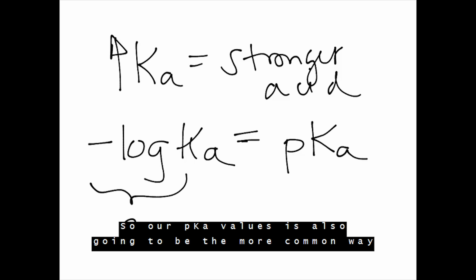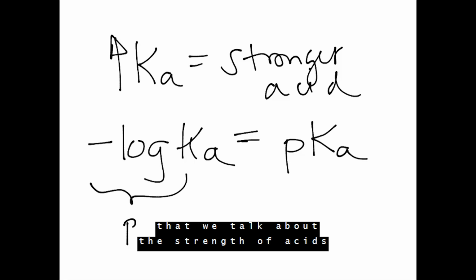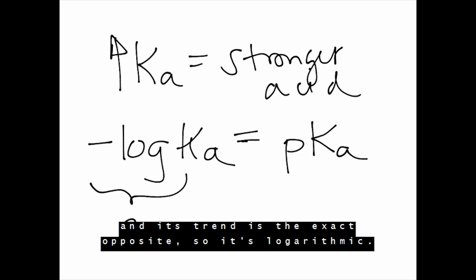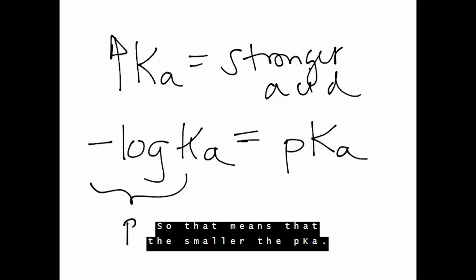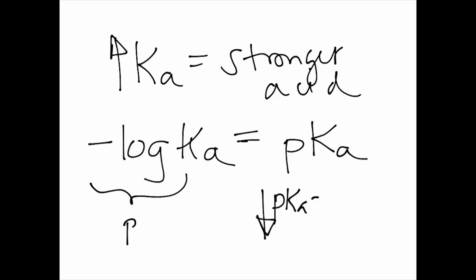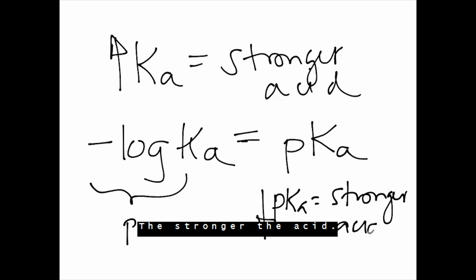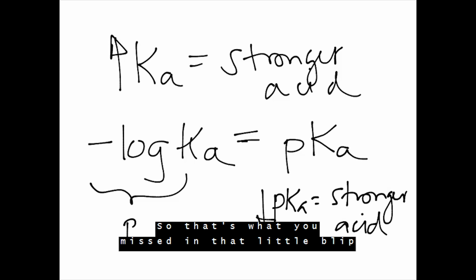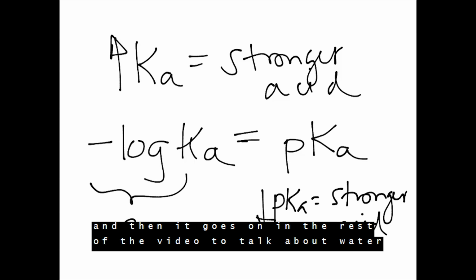So our pKa value is also going to be the more common way that we talk about the strength of acids, and its trend is the exact opposite, so it's logarithmic. So that means that the smaller the pKa, the stronger the acid.